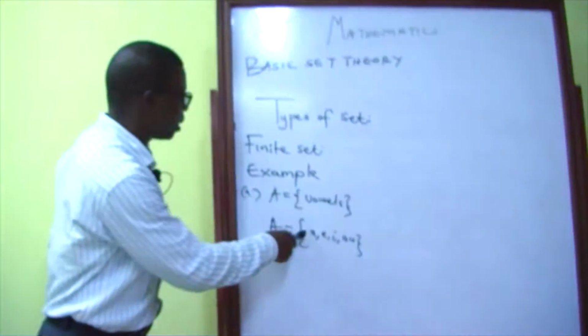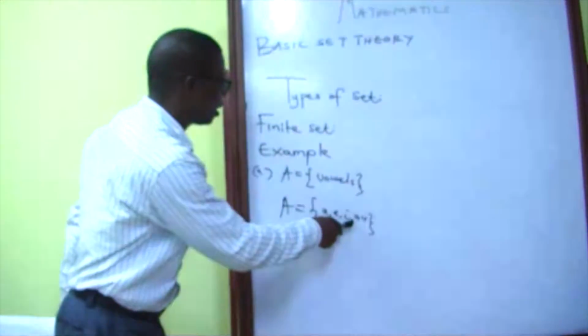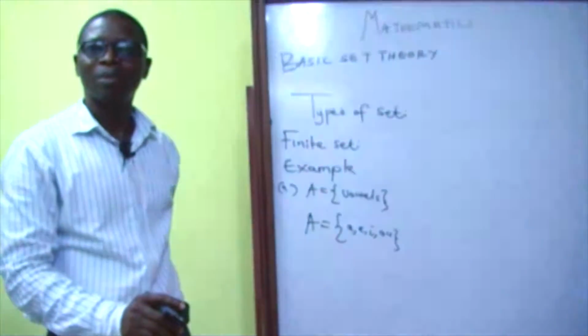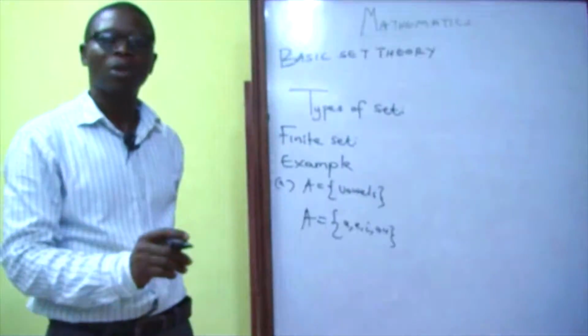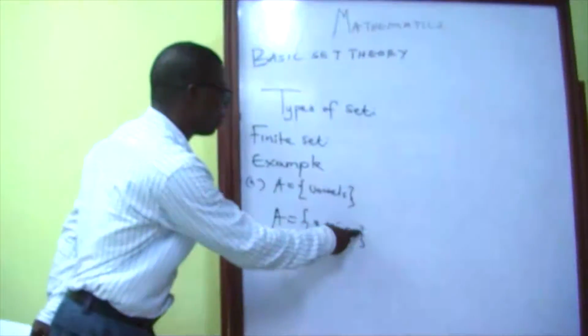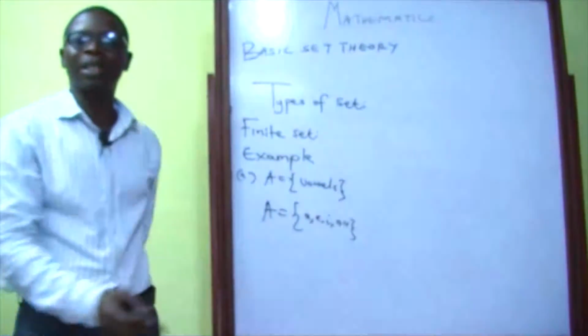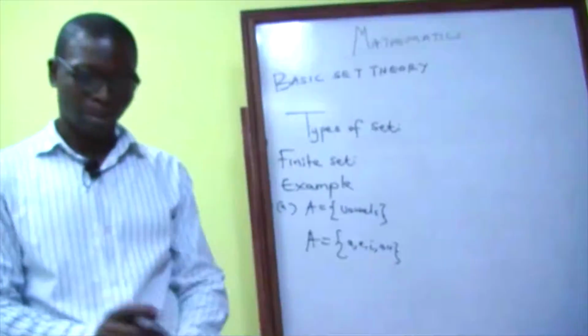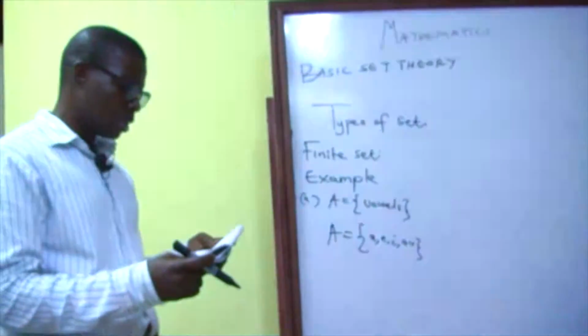These are the vowels: A, E, I, O, U. Is there any other vowel? The answer is no. So how many elements do we have there? We have 1, 2, 3, 4, 5. So this is a finite set because it can be completely listed.